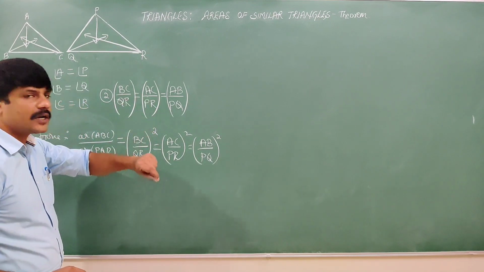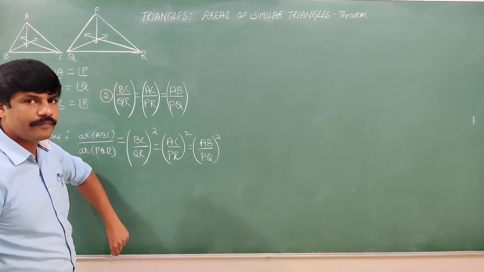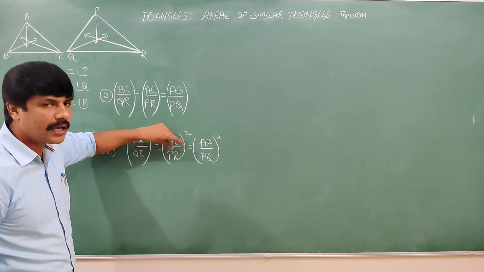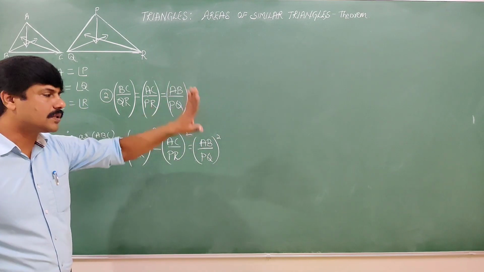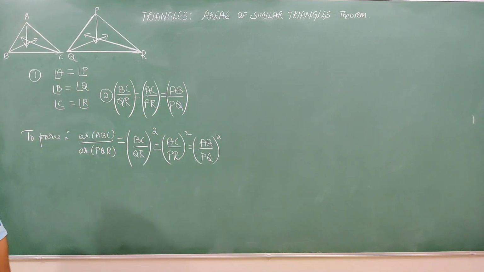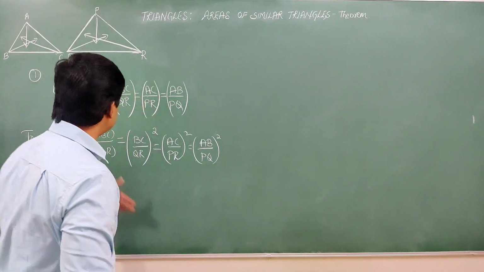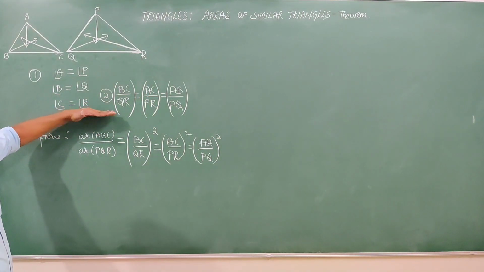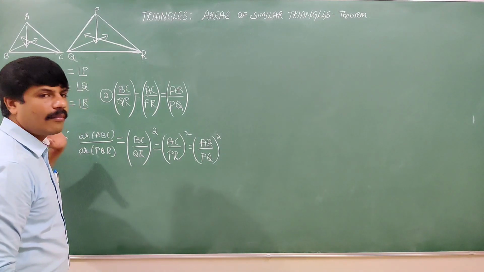Square of the ratio of corresponding sides is BC by QR whole square or AC by PR whole square or AB by PQ whole square. This is the statement which we need to prove, and the two triangles are similar triangles. Those conditions are borrowed here.